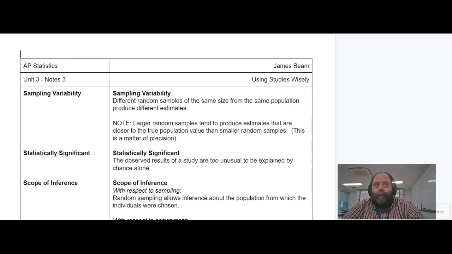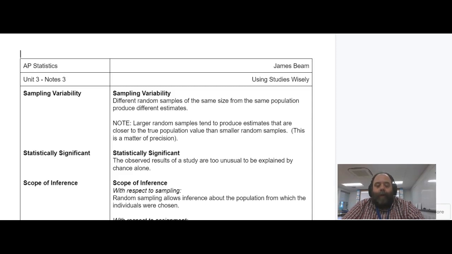And all the samples are going to be off a little bit in different ways. This is what we call sampling variability, right?